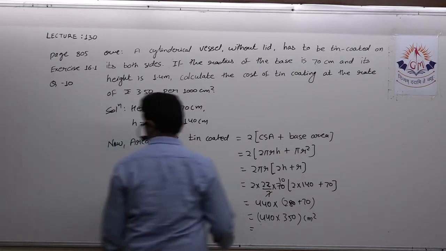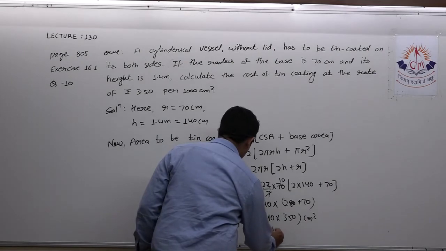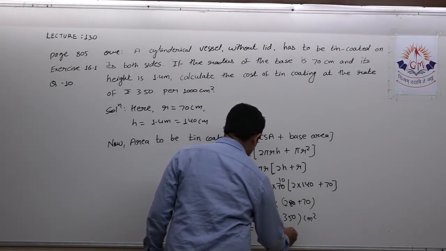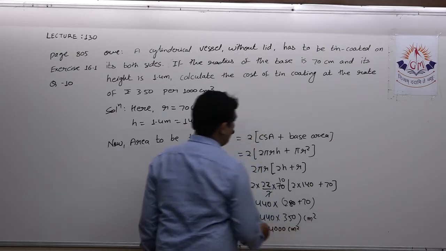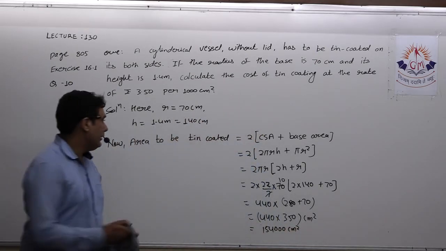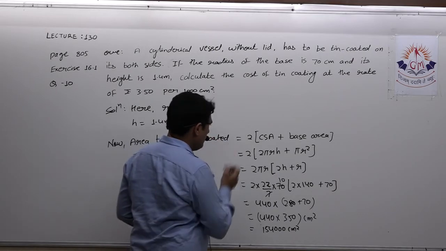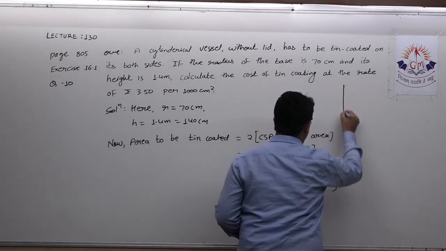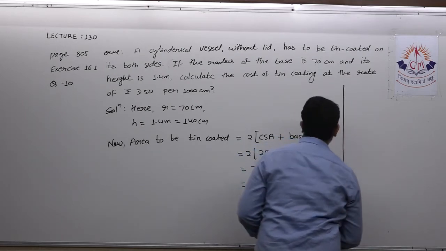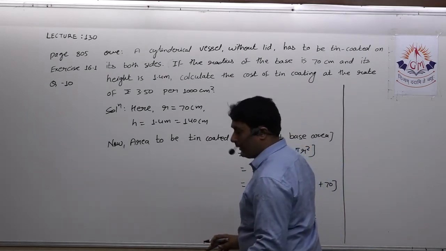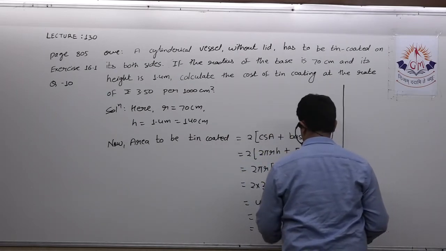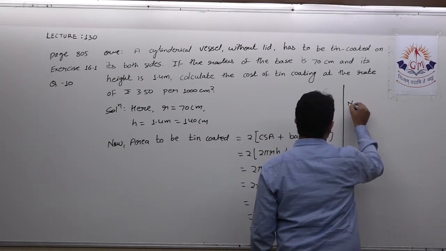Okay, so this should be 154,000 centimeter square. Okay, now we'll see cost. The cost of 1000 centimeter square is 3.50, so we have to find the cost of this much.